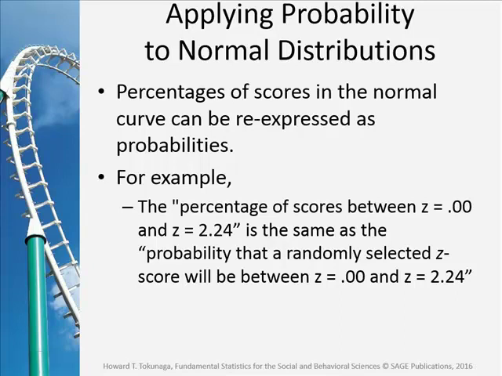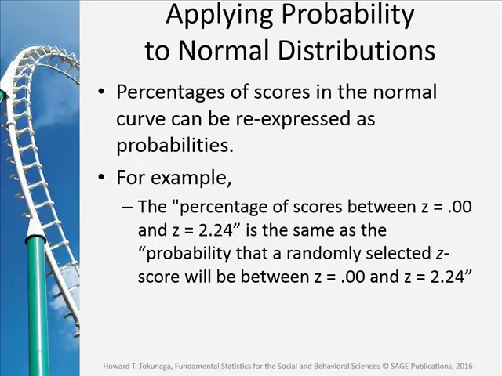2.2 over to 4. Let's see, that's 98.75. I gotta subtract a half because I got that 0. Remember, I gotta look at the drawing. So that's what, 48.75?